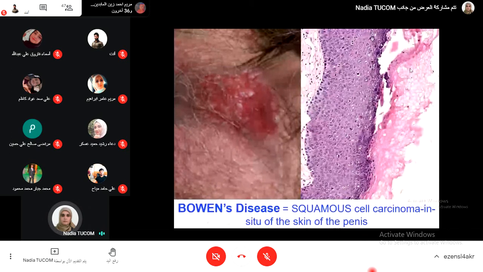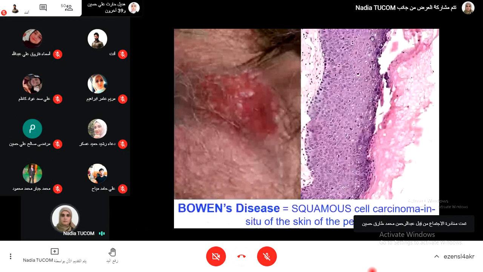Microscopically, you can identify hyperkeratosis and atypia involving the whole thickness of the squamous epithelium from the lowermost third to the surface epithelium. All are involved by atypical or dysplastic changes. Still, the basement membrane here is intact and there is no invasion, so it is called carcinoma in situ, equivalent to Bowen's disease.